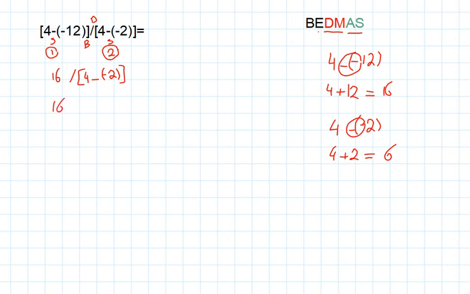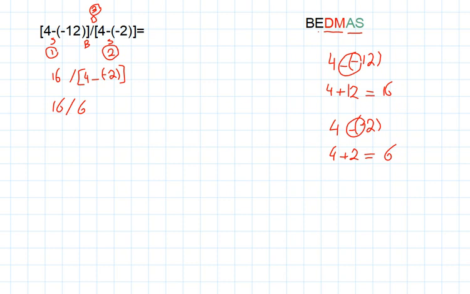So 16 comes down as it is, divided by 6. And the last thing we do is the division, because those are brackets, so we have to work inside the brackets first before we divide. The last operation is division.